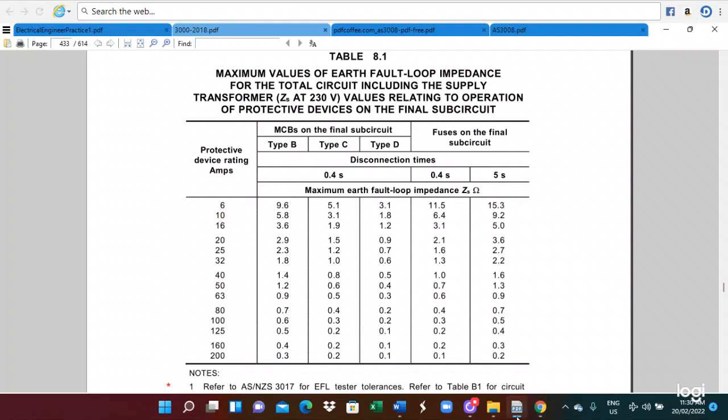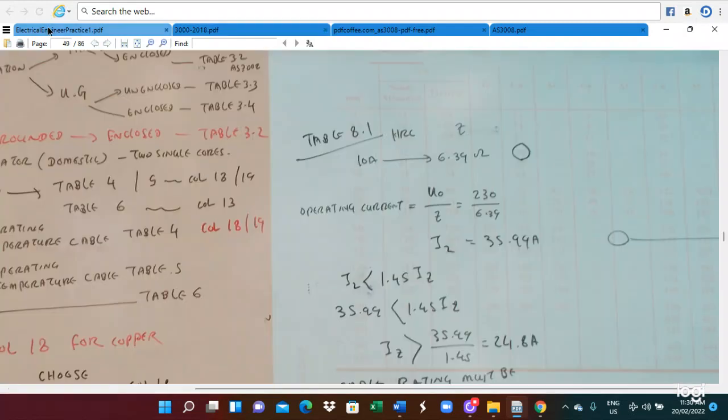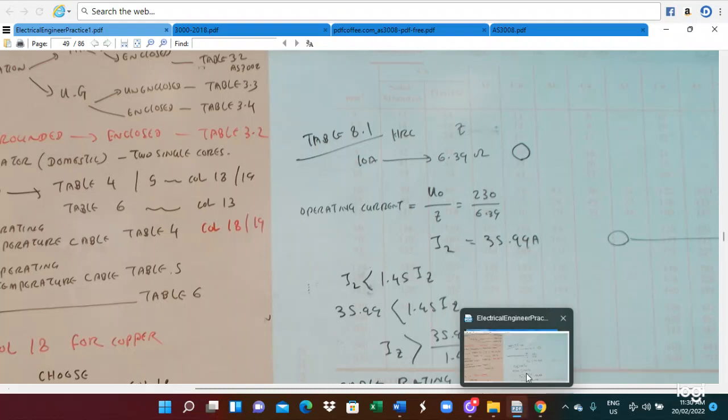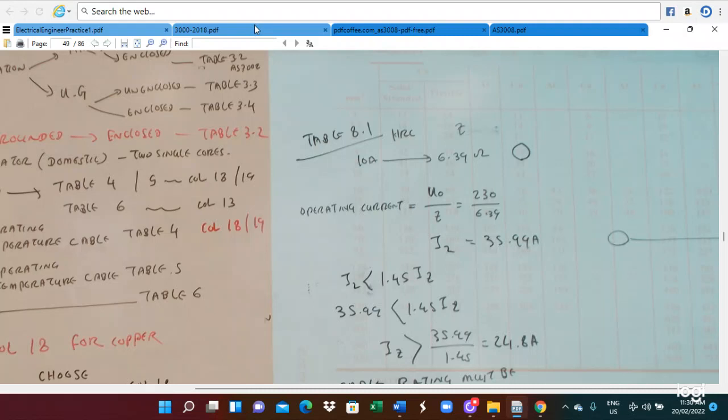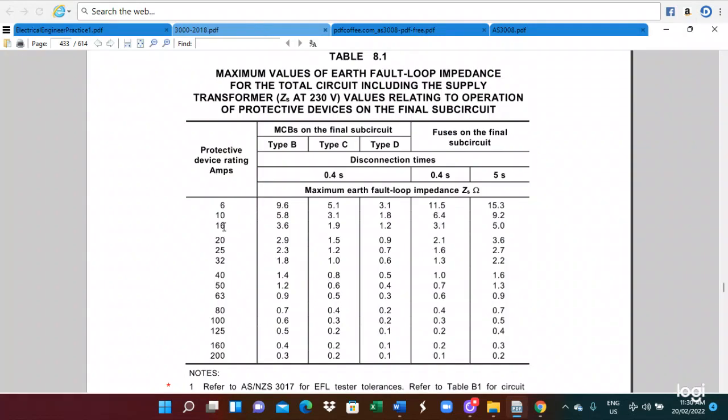So HRC fuse is 16 ampere. In this case, impedance Z is 6.39 ohm. So here is the HRC fuse, 16 ampere, so this is 6.39 ohm.